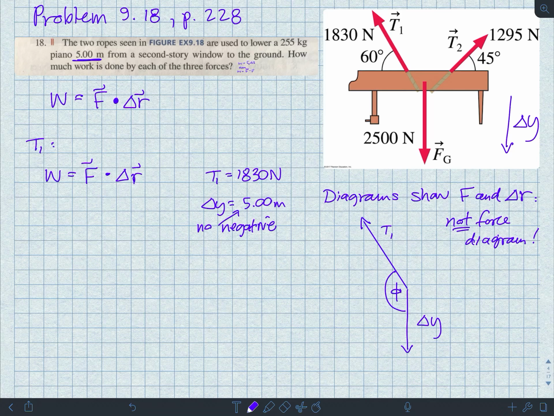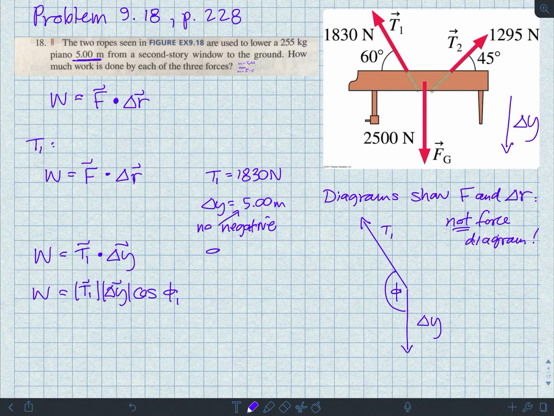So now we go over here to our work. I'm going to make this tension 1, dot it into delta y. Anything dotted into something else is going to be the magnitude of the first vector times the magnitude of the second vector times the cosine of the angle between those two vectors.